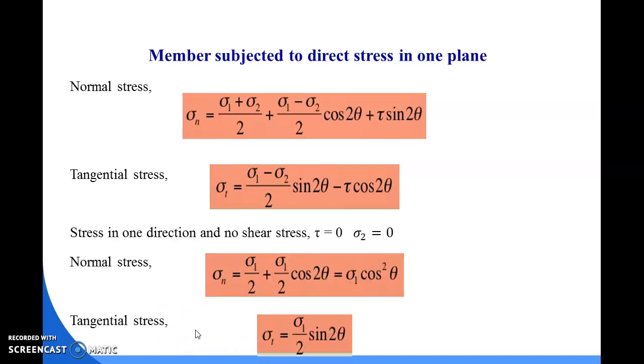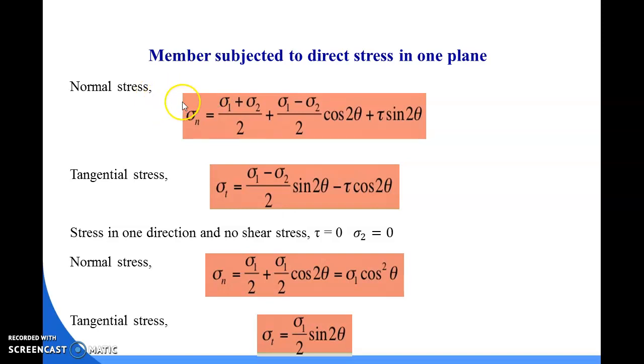Now the next criterion is a member subjected to direct stress in one plane. Here only sigma 1 is applicable, that means only one stress is applied on the body. In the y direction the stresses are 0 and the shear stress is also 0.